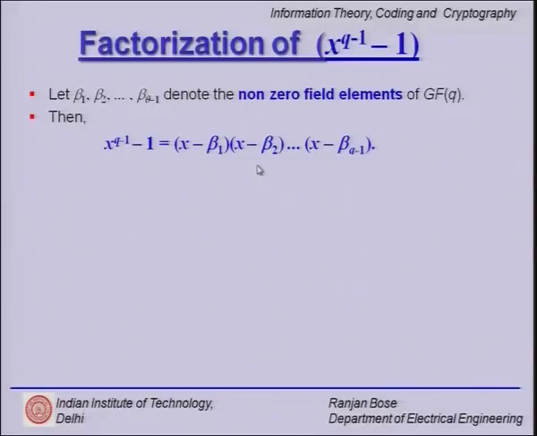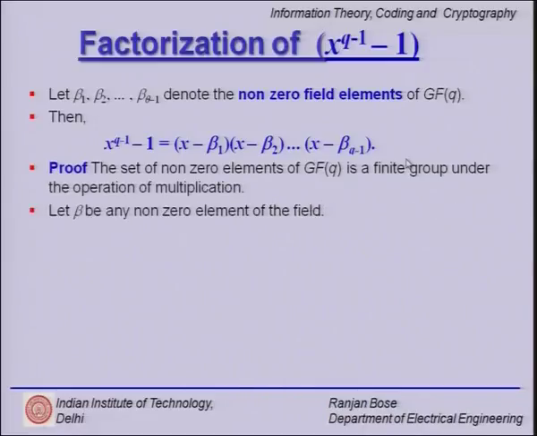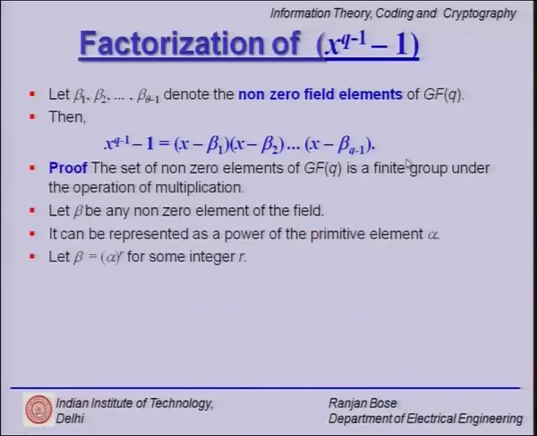All this math is being done to have a very efficient, quick way to factorize x raised to the n minus 1. So, we can write x raised to the q minus 1, minus 1 as (x minus beta 1)(x minus beta 2), and so on up to (x minus beta q minus 1). There is a simple proof that we can write it like this.